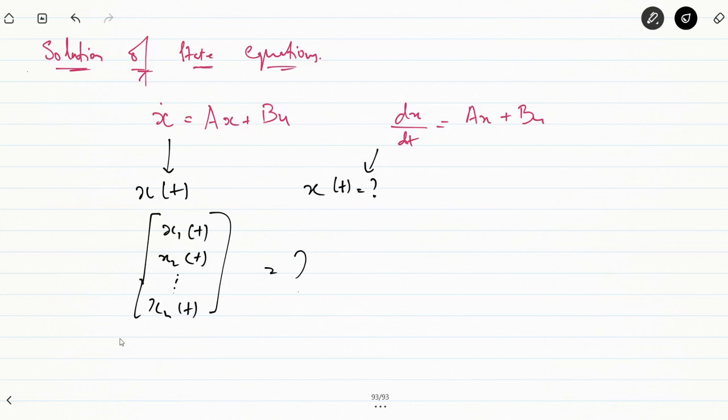We have already done some electrical circuits, and in electrical circuits we know that the current through the inductor or the voltage across the capacitor are the state variables.